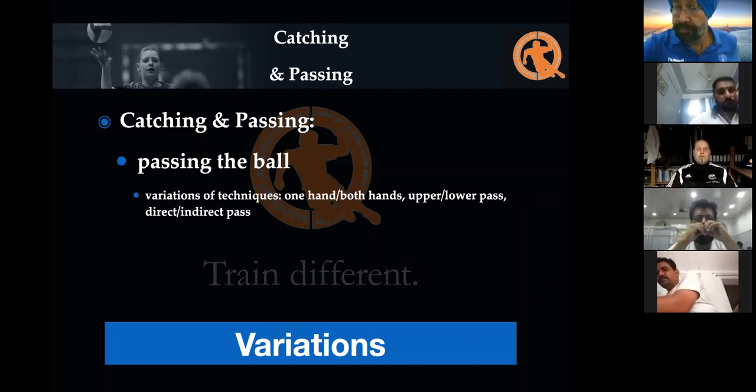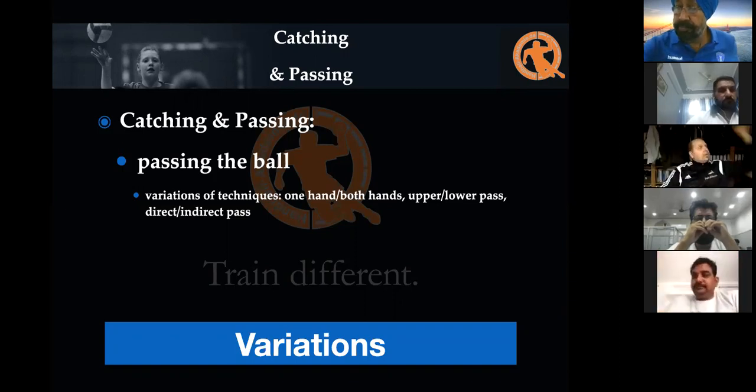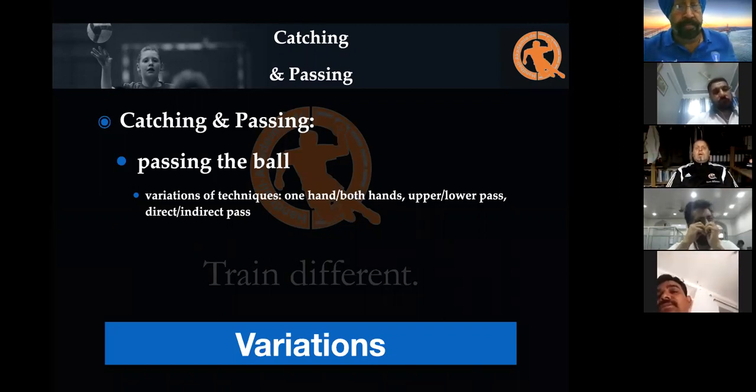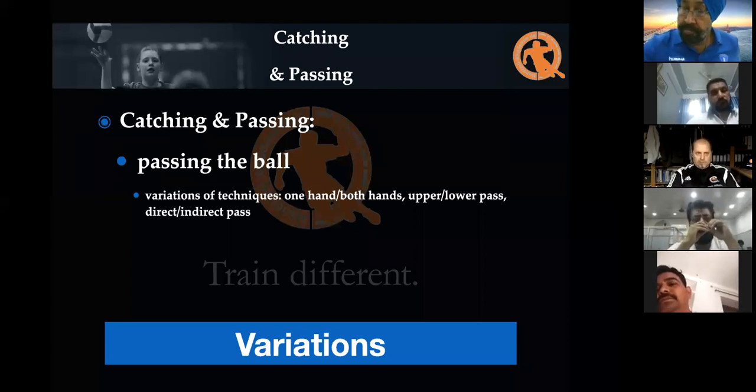A good player is able to use this and this pass, even with the other hand. And then the wider the variation of techniques is, the more the player can adapt to different situations.